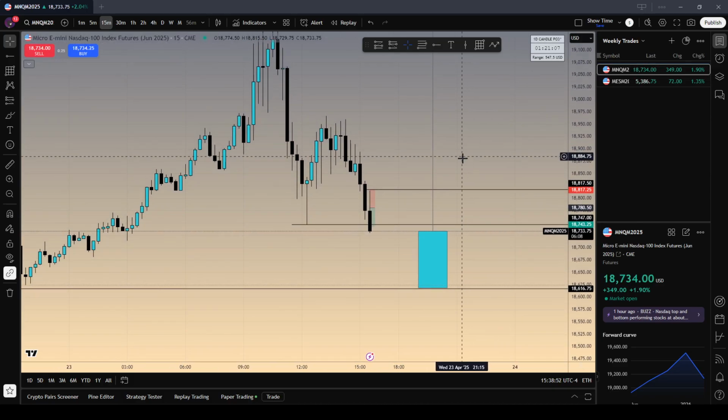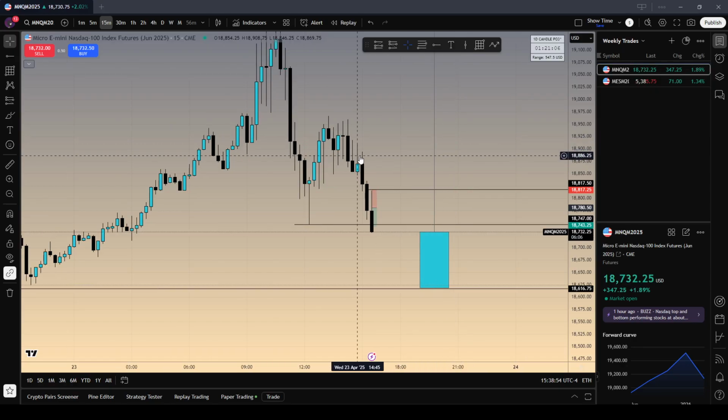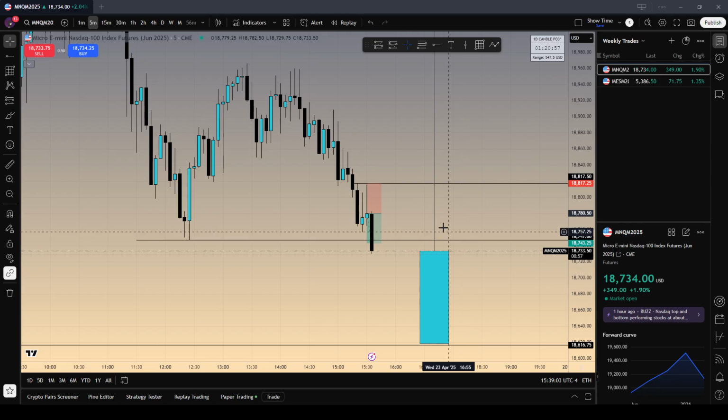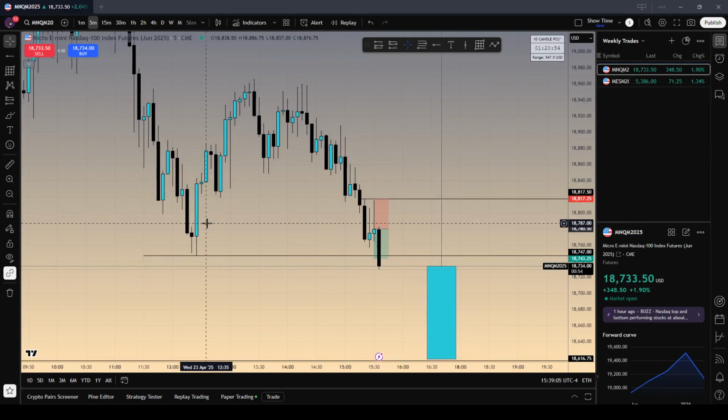So going to the 15-minute, there's nothing really that I used, but again, bearish order flow. On the 5-minute, my higher time frame PD array was this inversion fair value gap here.